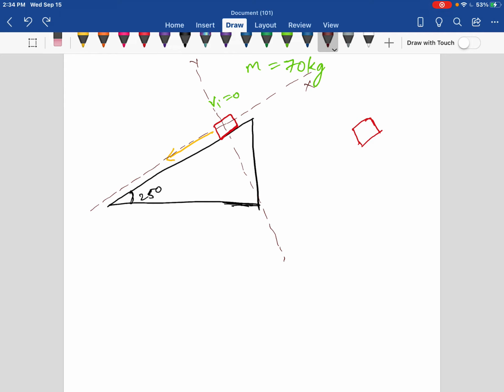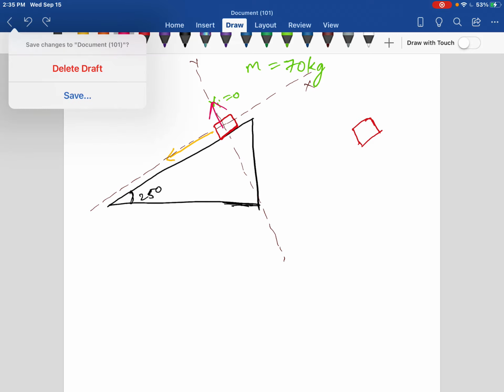The reason why I took it this way is because the object is going this way, so the acceleration is only in the x direction. The acceleration in the y direction is going to be 0 because the object is not jumping up or down this way.